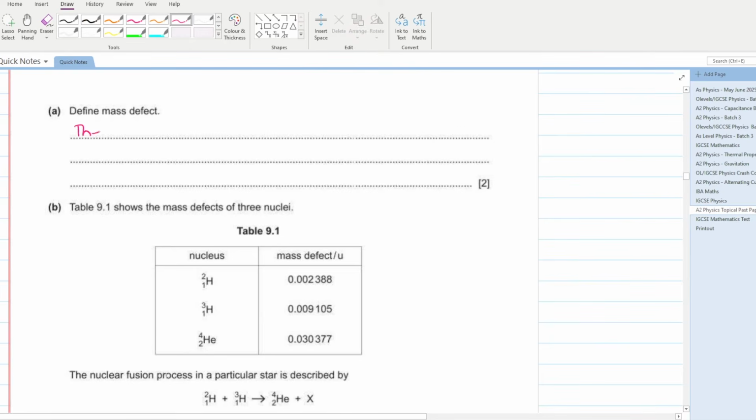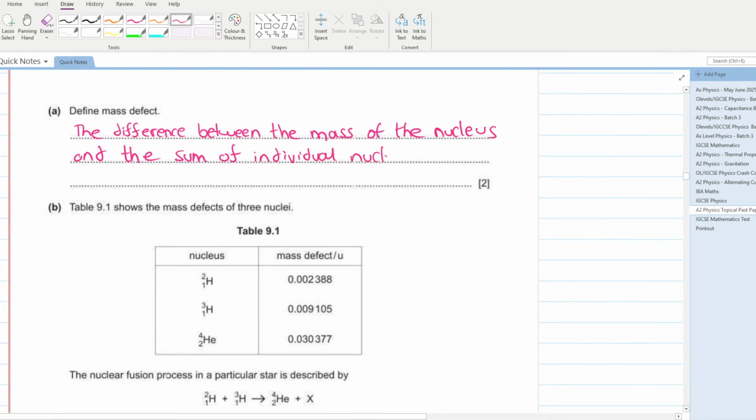Mass defect is the difference between the mass of the nucleus and the sum of individual nucleons separated infinitely. Simple as that.